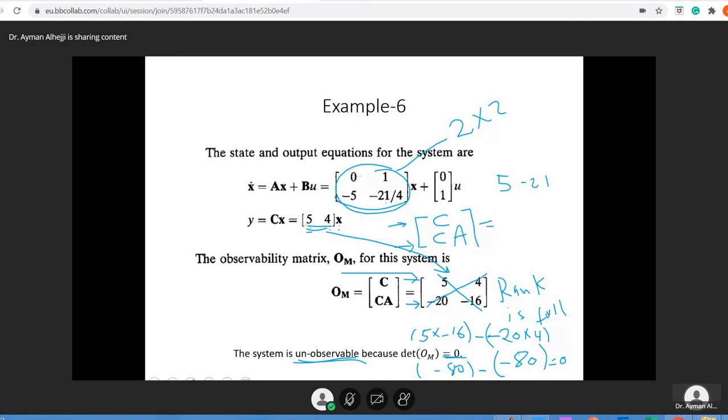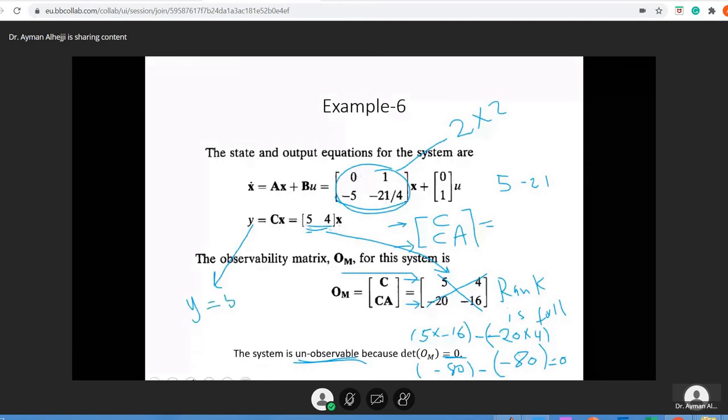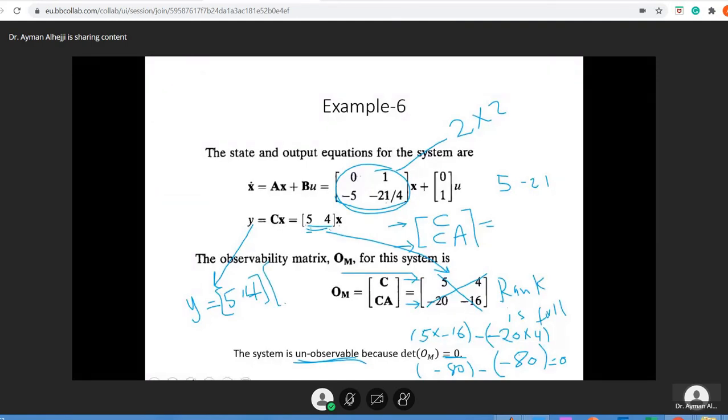Because this y shows you 5 and 4 multiplied by x1 and x2. x1 and x2 are available in the output, but you cannot measure them, because this measurement requires us to design an observer, and this observer needs to be checked for whether the system itself is observable or not.